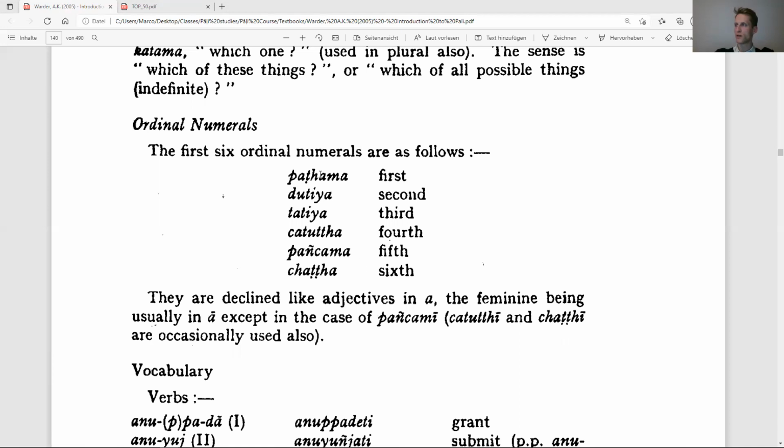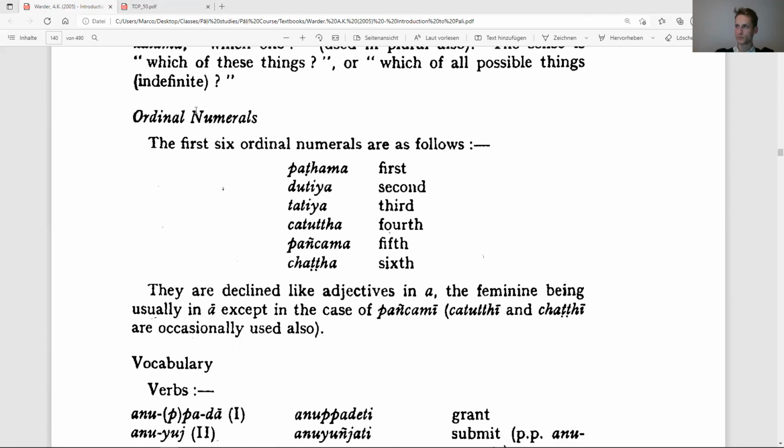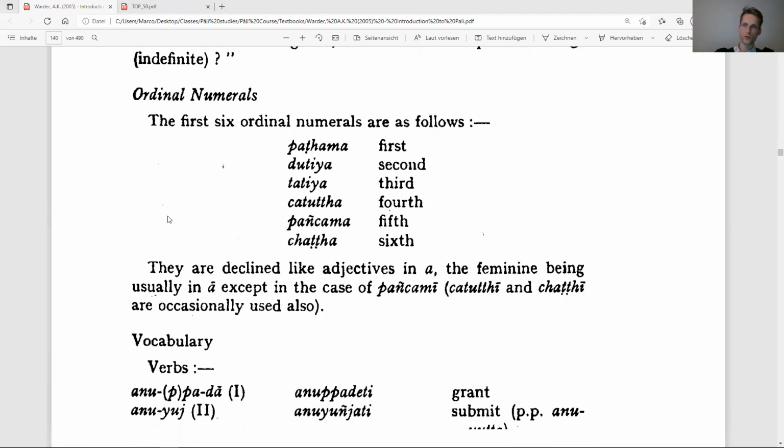Now they are pathama, first, dutiya, second, tatiya, third, catuttha, fourth, pancama, fifth, and chattha, sixth. Ordinal numbers one can remember a bit easier. They give an order as opposed to cardinal numbers, 1, 2, 3, 4, 5, etc.